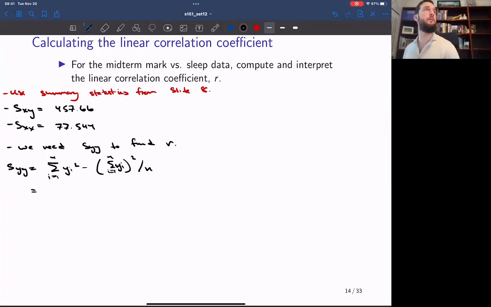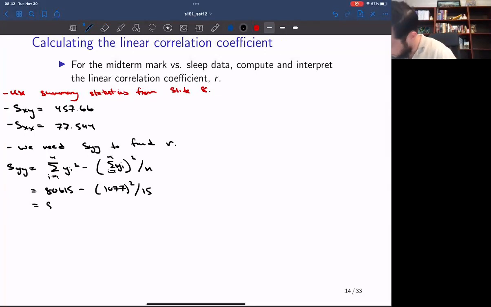So this is going to be, from slide 8, 80,615 minus 1,077 squared divided by 15. So this is going to be 3,286.4.